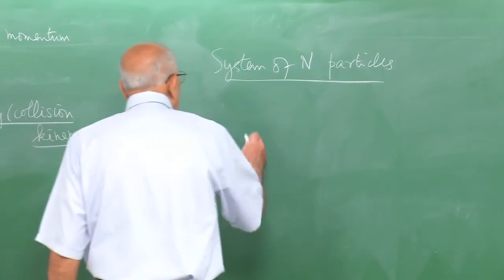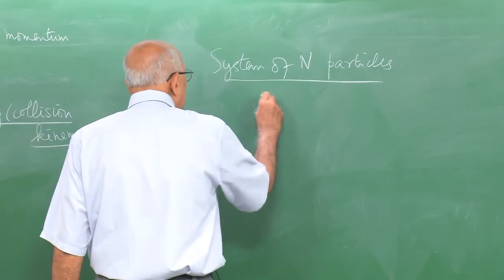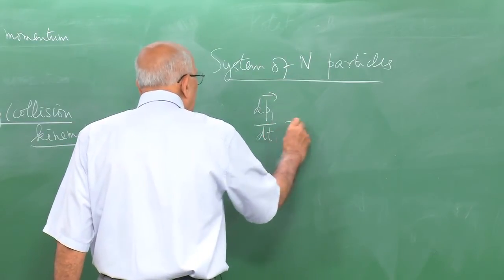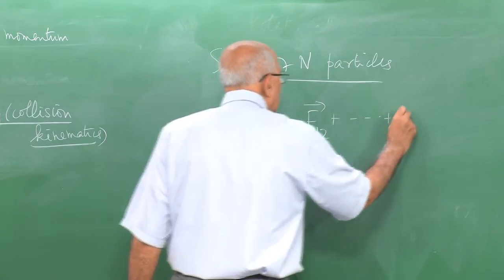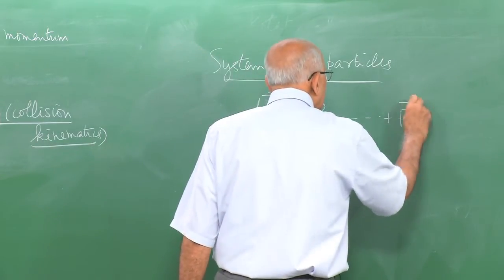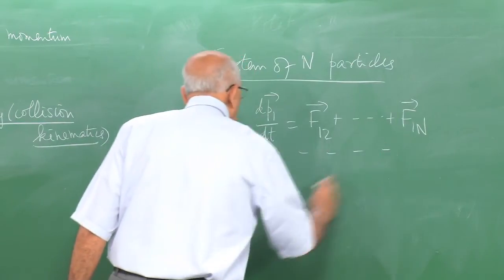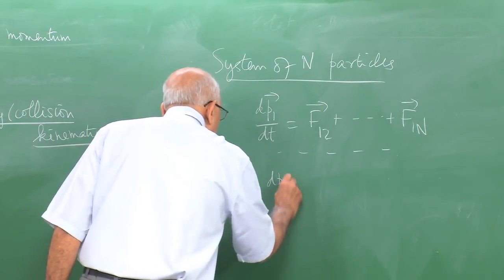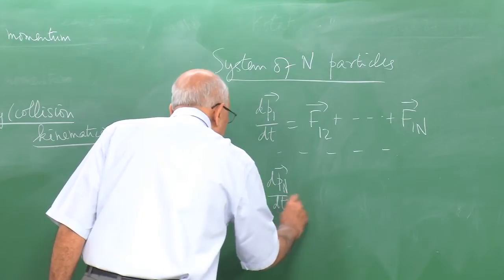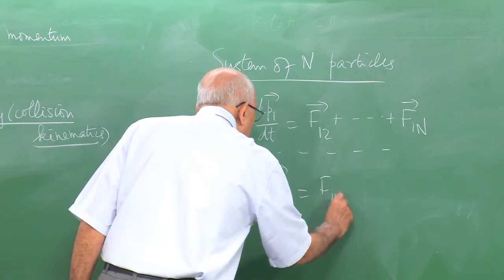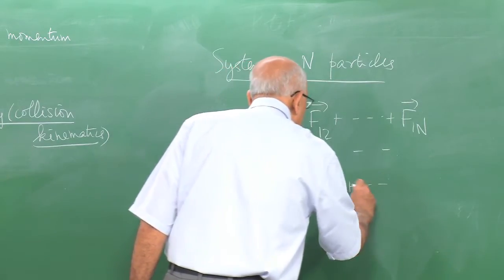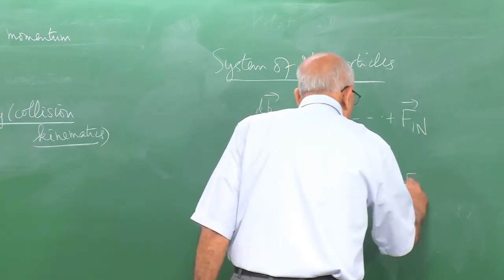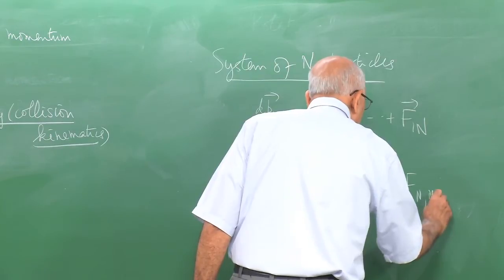So we have a system of Newton's equations, which is dp1 over dt is F12 plus dot dot dot plus F1n, and so on all the way down to dpn over dt is Fn1 plus Fn2 and so on up to Fn,n minus 1.